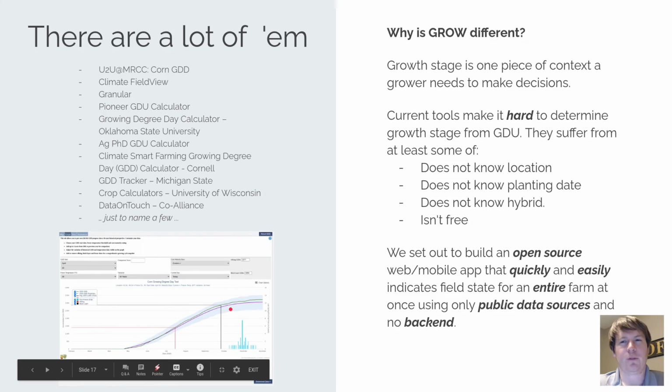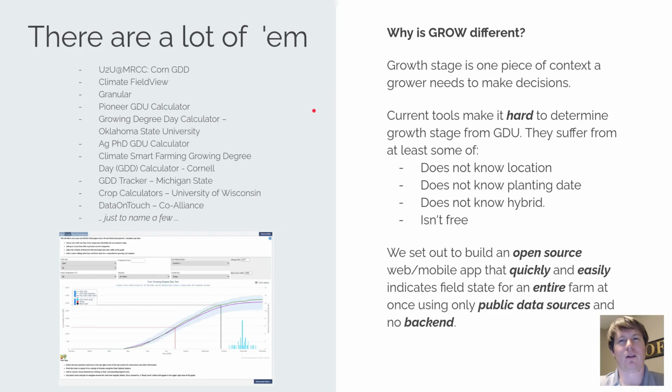This is a useful tool, but it doesn't solve all the problems. And you might ask yourself, well, why are we building our own tool? In fact, Purdue already has some GDD tools. Why are we building a new one? Why Grow? It's based on the idea that growth stage is one of those pieces of contextual information that you need as a grower to make a good decision, not necessarily GDU.